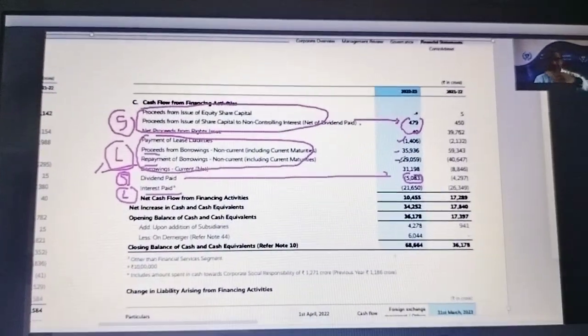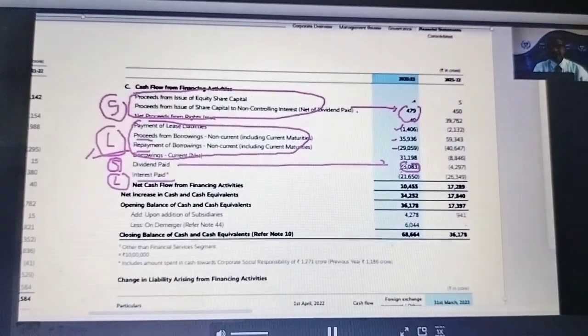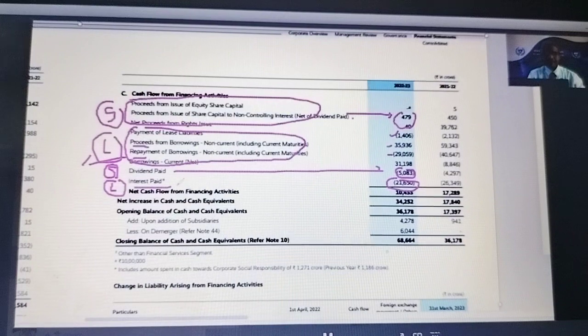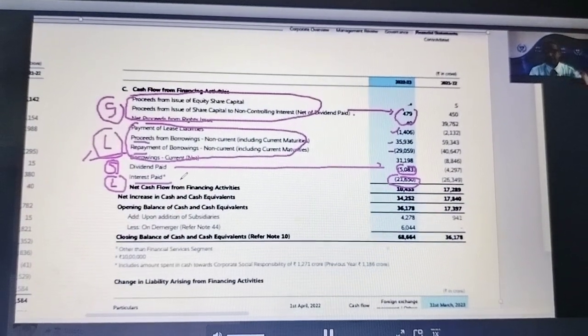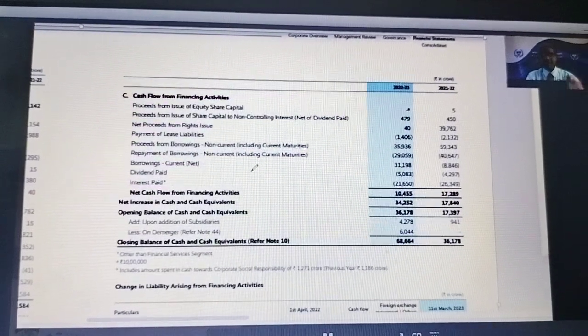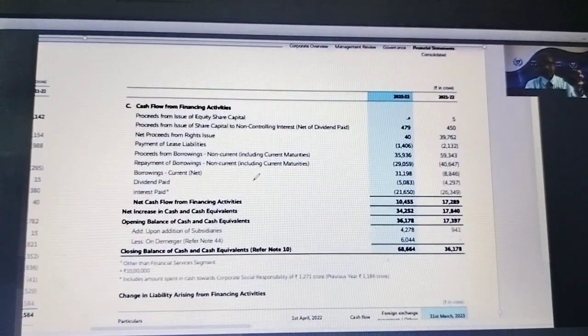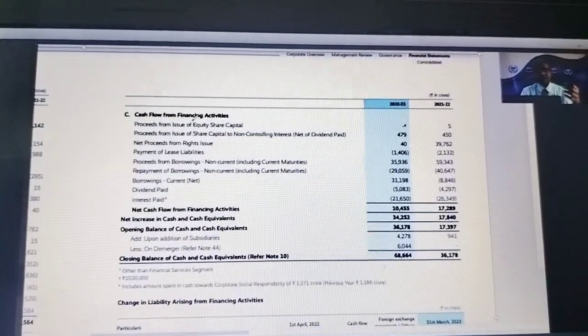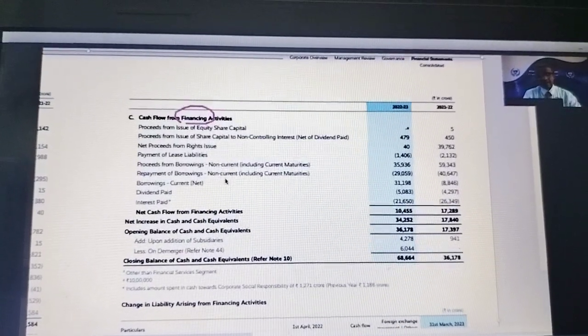Same here: interest payment is outgoing, so bracket. Dividend is outgoing, so bracket. So these are all financing activity. You can find out what the company is doing by taking money in and sending it out in financing activity. I think this is clear.